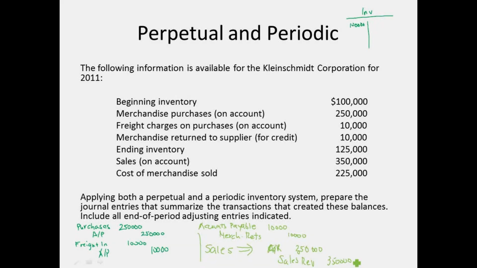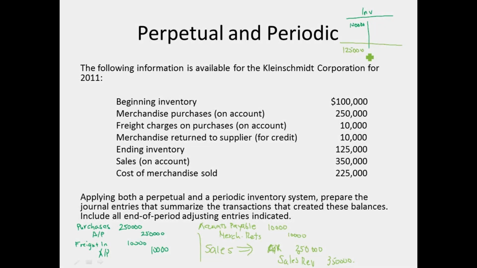The only exciting part is now. Okay, well, not exciting, but different. So now we just need to take into consideration the fact that I'm telling you that I have 125 here. So I need to close out all of these accounts into inventory.